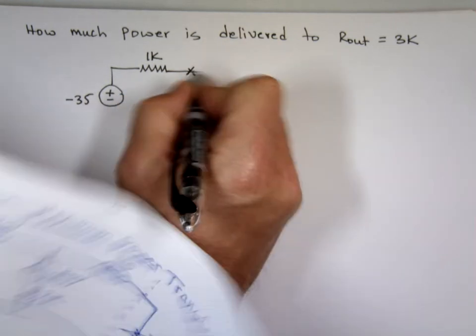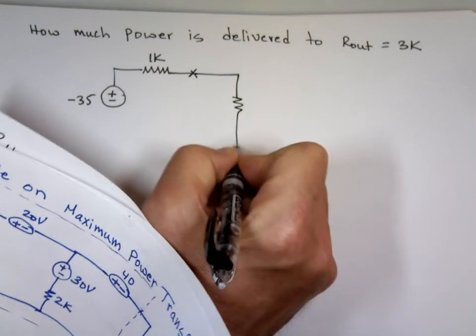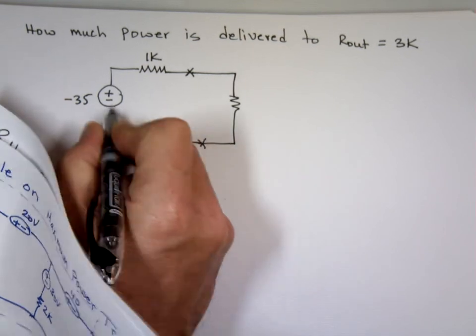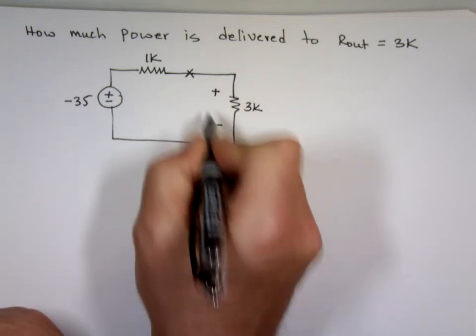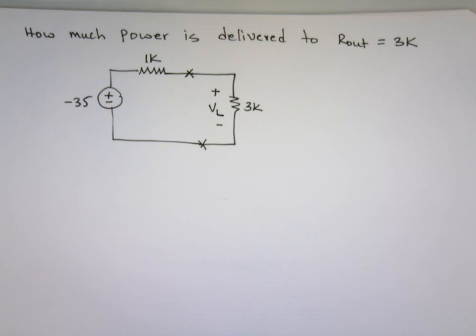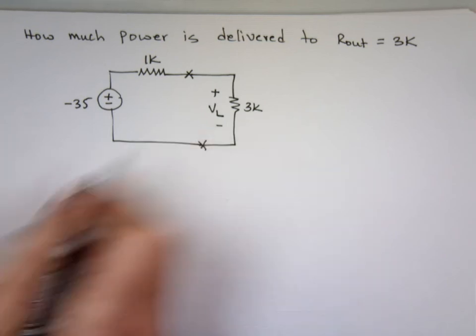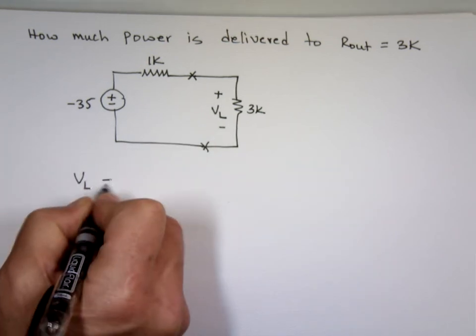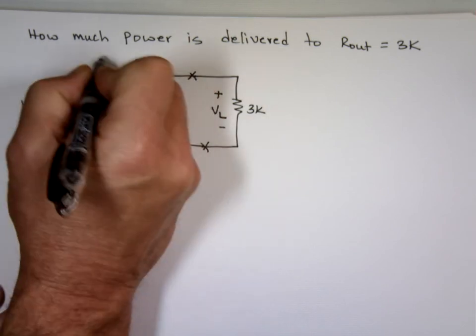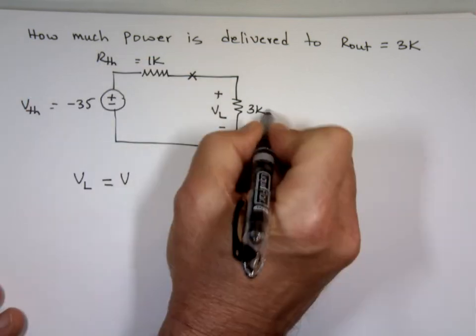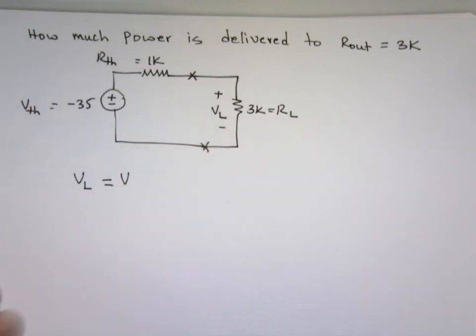Now, if you put a 3K here, can we get the current through it or the voltage? Because if you know the voltage, it's V squared over R. So let me see if I can find that voltage. I call it VL. I can do voltage division. VL equals what? This is V Thevenin, this is R Thevenin, and this is RL, R out, whatever they want to call it.